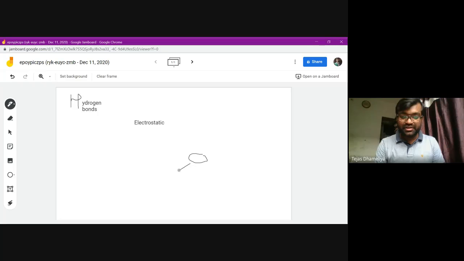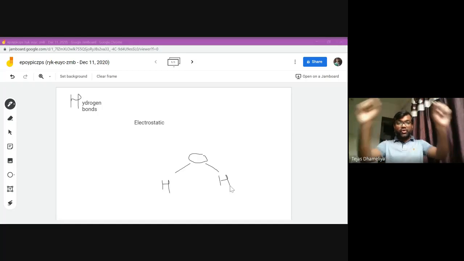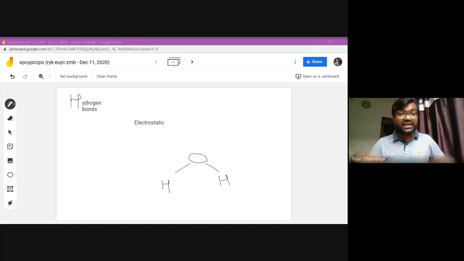This oxygen of water is connected with two hydrogens. We cannot call the two OH bonds hydrogen bonds because they are covalent bonds, formed by the sharing of electrons, one electron from oxygen, one electron from hydrogen.